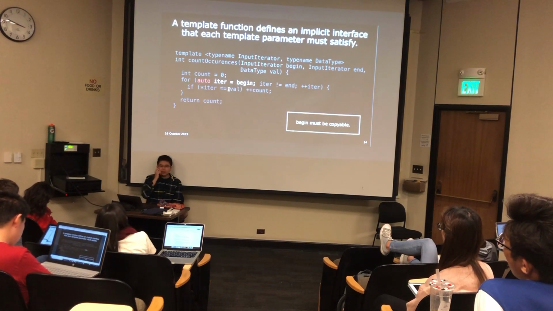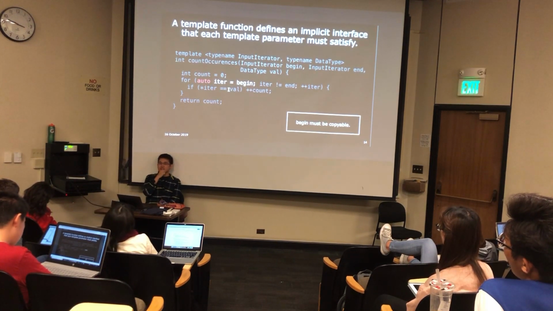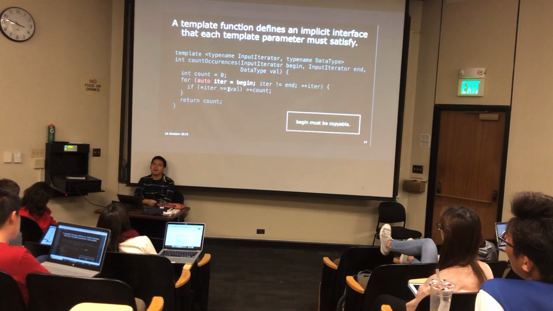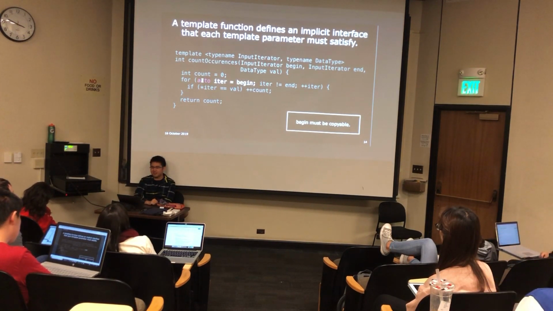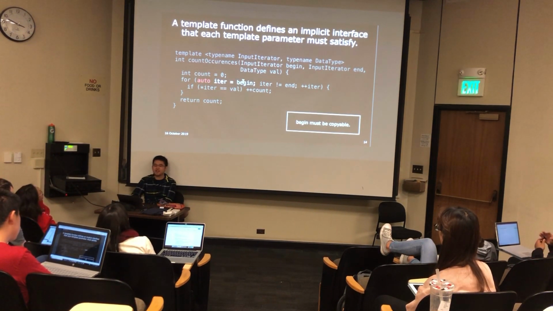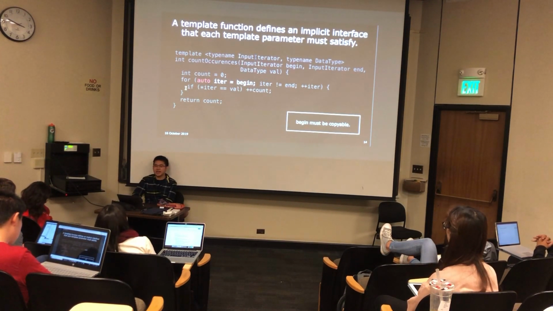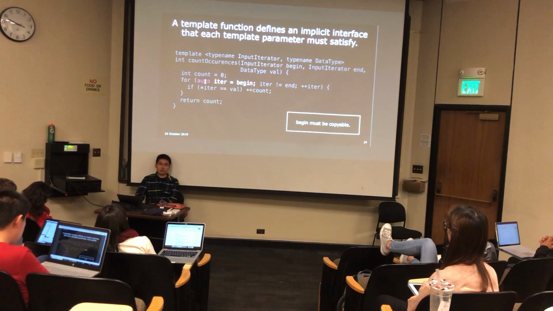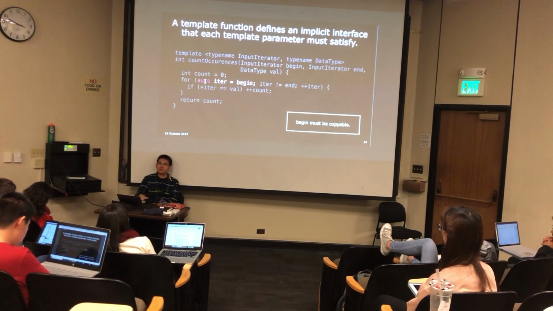Okay. Now we speak of auto as if it's a bad thing, but imagine what you would have to put here instead of auto for this to compile. If we did not use auto, what type would you have to put here? Input iterator, right? Because the type of this should be an input iterator. It's copied from an input iterator. So in this example, it's fine, just plug that in. But sometimes your types will be more complicated, in which case auto is a nice way of saying, okay, figure out that type for me.